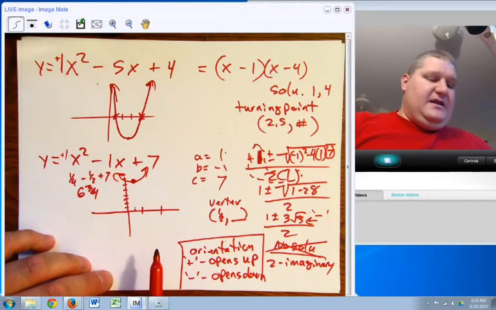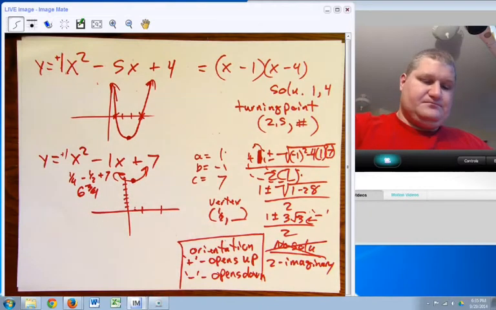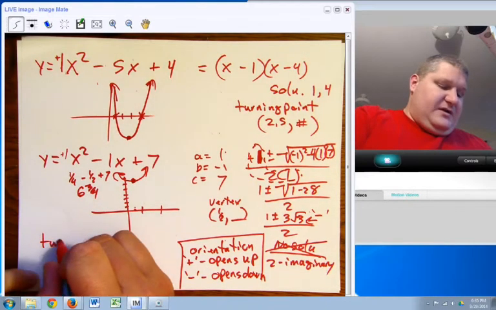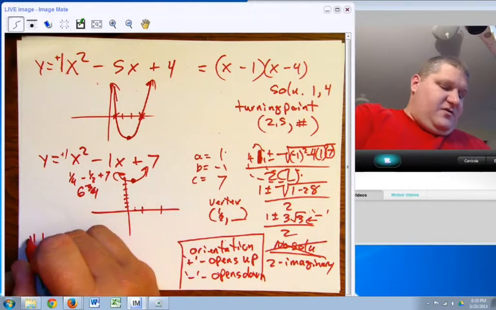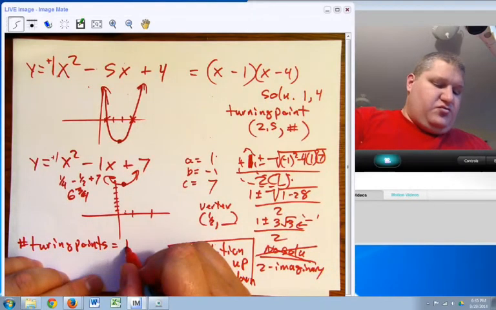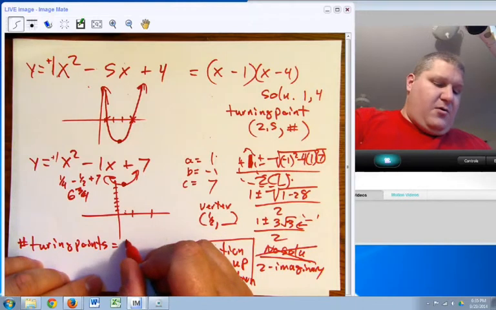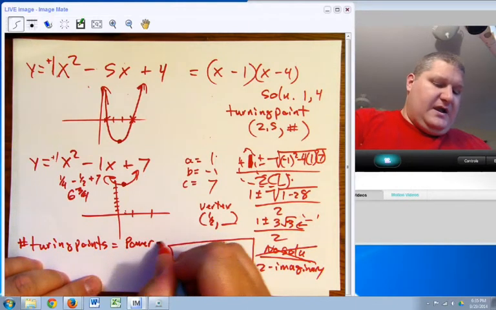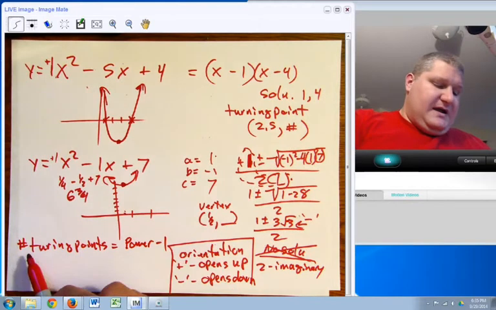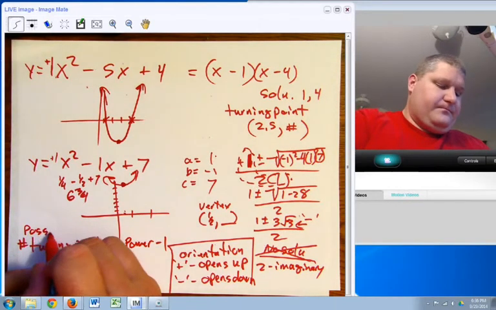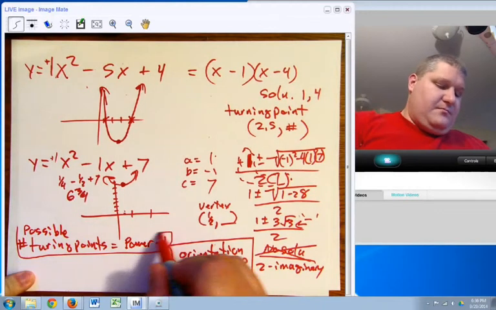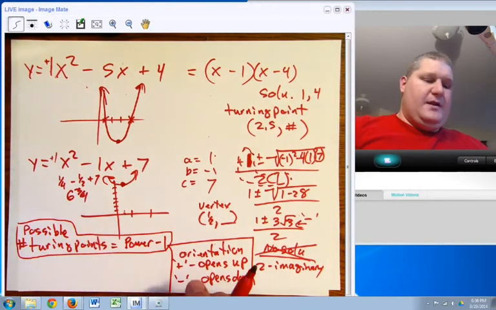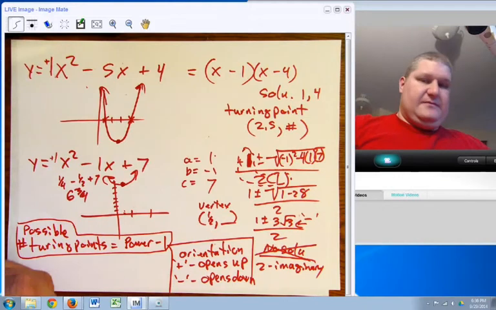And in this case, there was 1 turning point. The number of turning points is always equal to power minus 1. And again, it's possible turning points equals power minus 1. And we'll talk about that here in just a second.